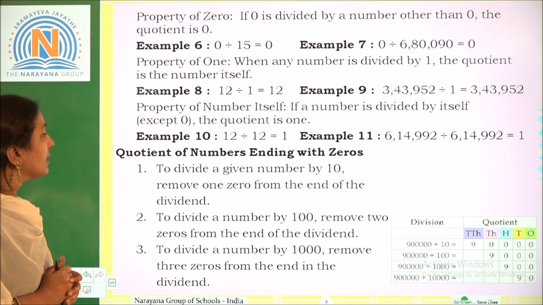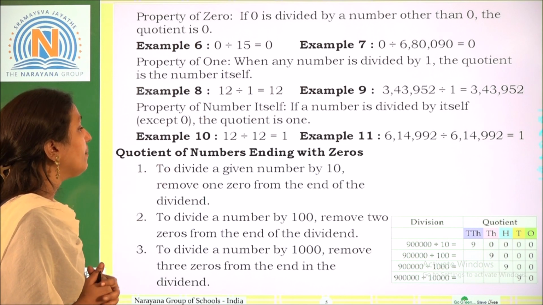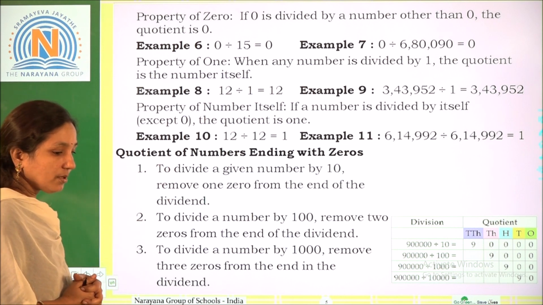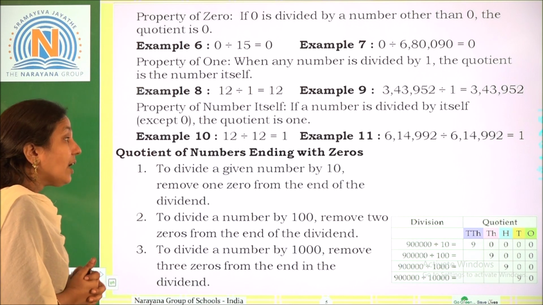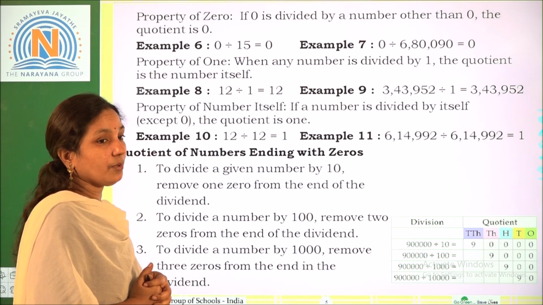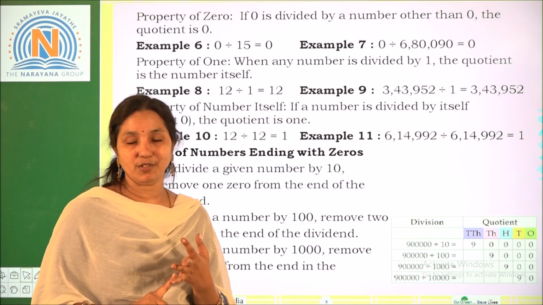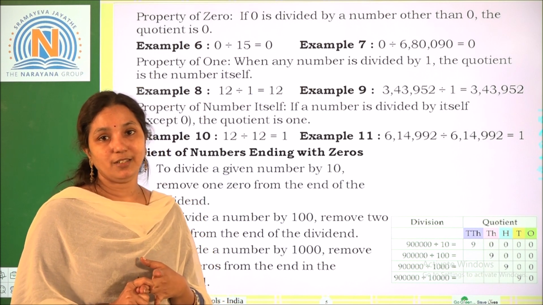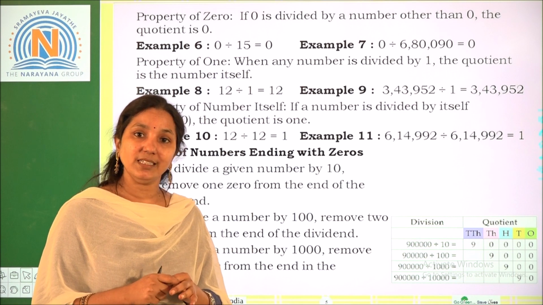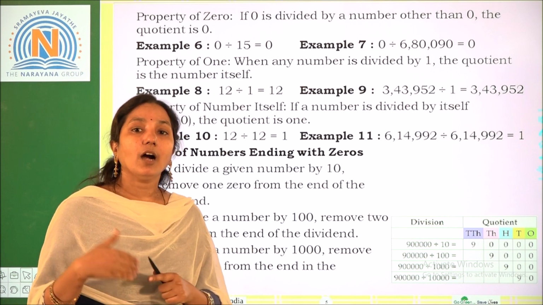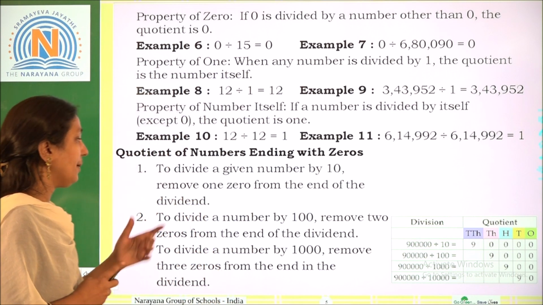Now coming to the next one, quotient of numbers ending with zeros. What are the zeros here? In 10 we have 1 zero. In 100 how many zeros? 2 zeros. In 1000 how many zeros? 3 zeros. So how will we get the quotient?